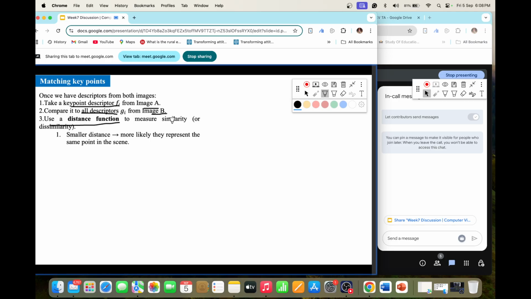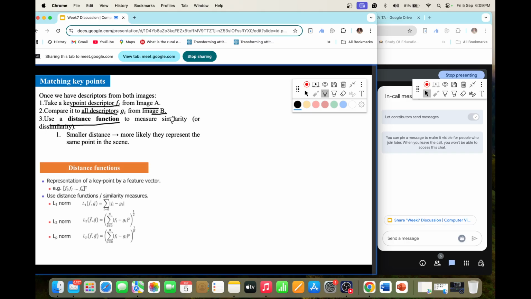Here fi is the key point descriptor in our original image A, and gi is the key point descriptor in our second image. If we get a smaller distance between fi and gi, the more likely they represent the same point in the scene. By that we can match the descriptors.